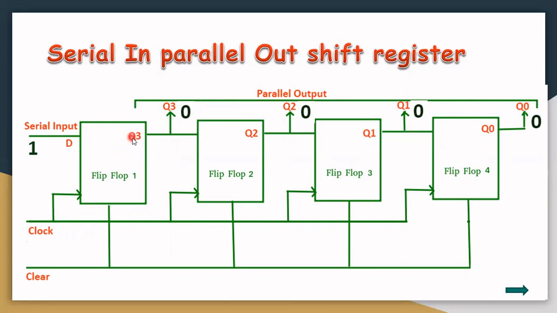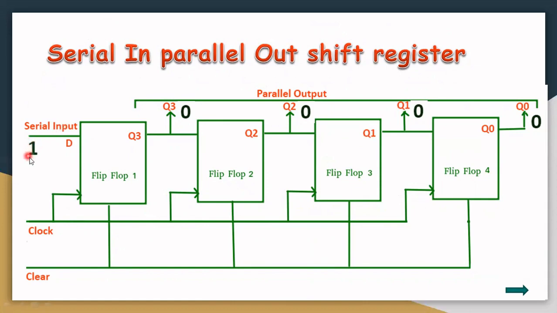Here the output Q3 is fed to the input of flip-flop 2. The output Q2 is fed to the input of flip-flop 3, and the output Q1 is fed to the input of flip-flop 4. Suppose we have to store 1, 1, 1, 1.